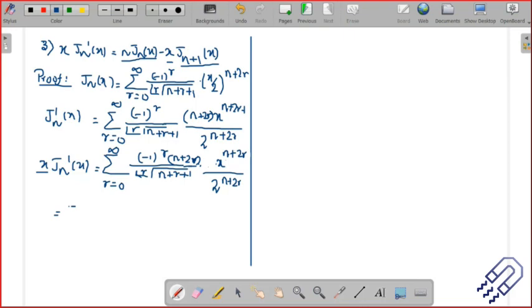The first term would be summation r equal to 0 to infinity. We have this n, so maybe we can write down this n here. What is left out is (-1)^r divided by factorial r into gamma of (n + r + 1), into (x/2) to the power n + 2r.